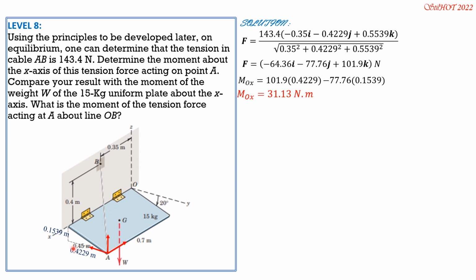Its moment arm is half of 0.4229, because that's the center of gravity of this door. So MOX of the weight is negative 31.11. So as expected, they are not exactly equal because of rounding off of these distances.